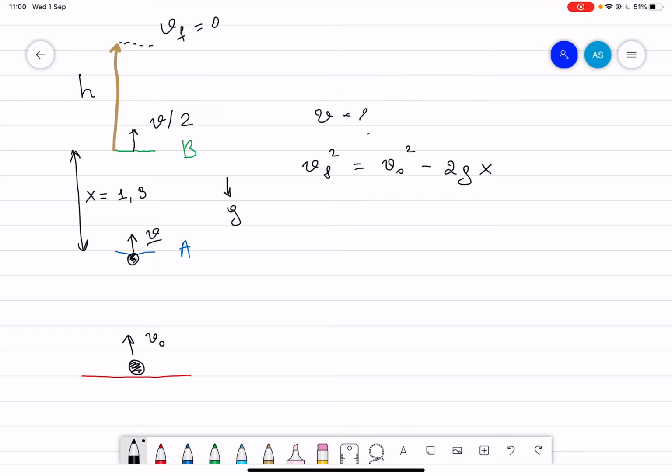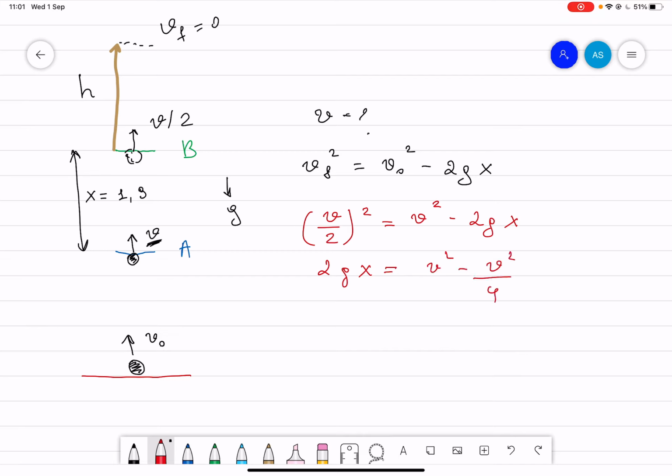Initially we had v at point A, then at point B we had v over 2, which is the final one, correct? So the final one is v over 2 squared, equal to v initial, which was v squared, minus 2gx.